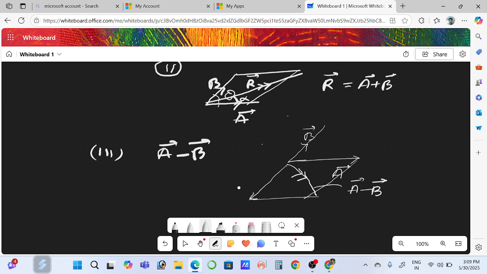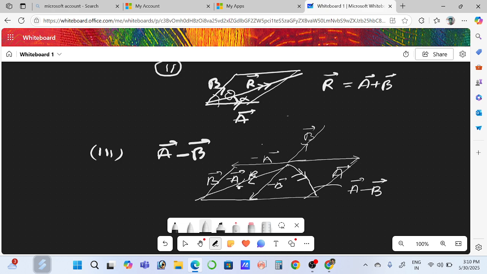Now, if you want to have B minus A, then you just extend A in the reverse direction, as this is minus B, this is minus A, complete the parallelogram, and here this is the resultant. Okay, so this is actually B minus A. So in this way, you can add and subtract these two vectors.